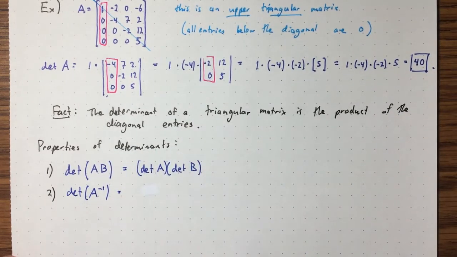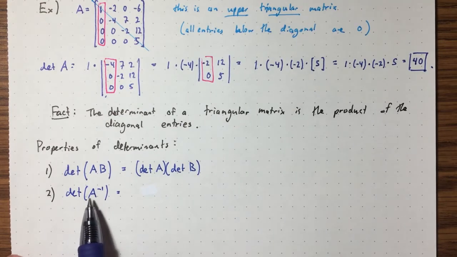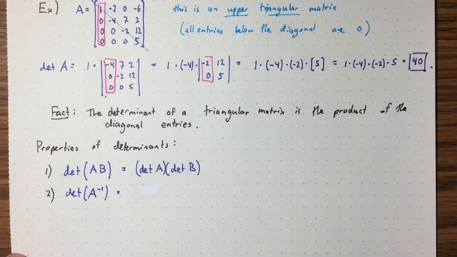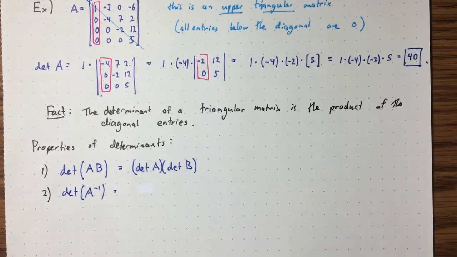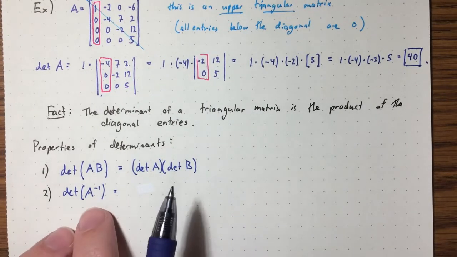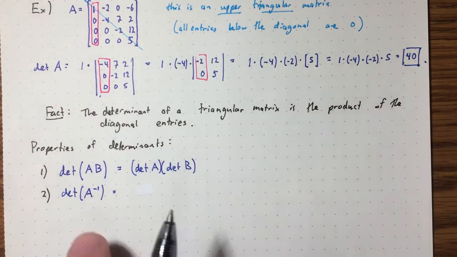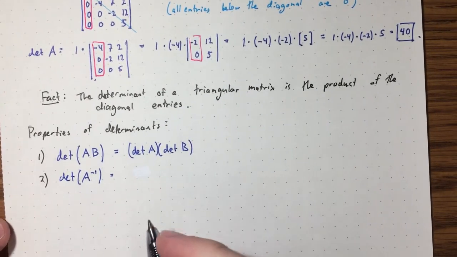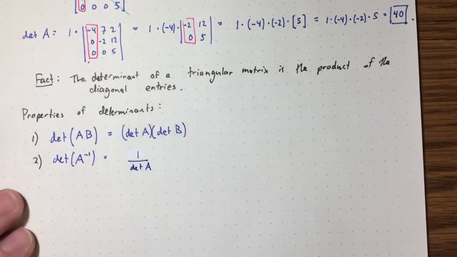But otherwise, well, if A represents the transformation that scales area by determinant of A, what does A minus 1 represent? It represents the inverse transformation. So it sort of scales the area back. So if A was scaling area by a factor of 5, A inverse would be scaling area by a factor of 1/5. Okay. So this should be 1 over whatever the determinant of A is. And again, that is a true thing.